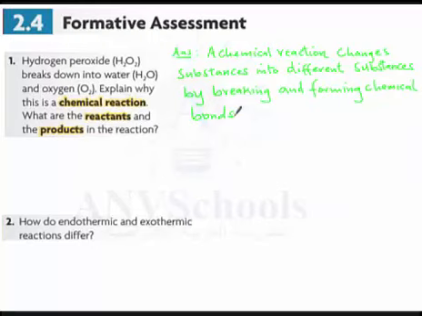So in our case, it is very clear that this is a chemical reaction. The reason is that hydrogen peroxide is broken down into oxygen and water. Because of this, we can see that there is a breaking of bond.